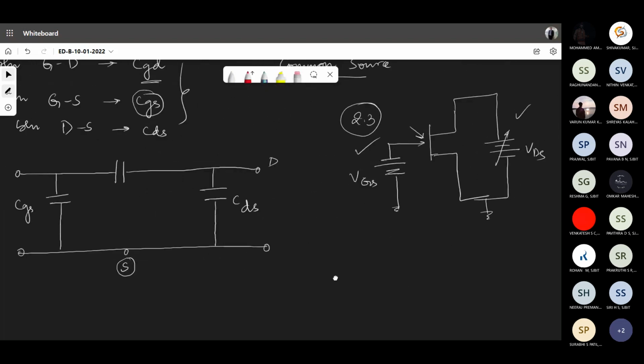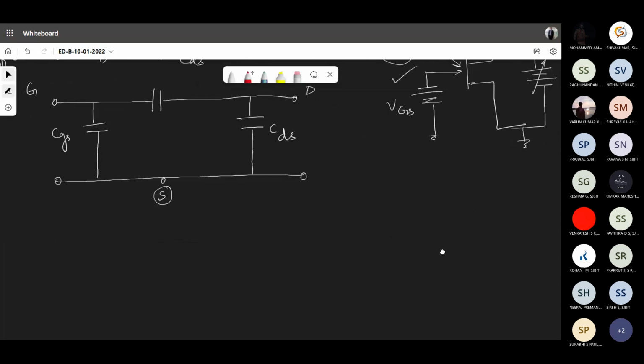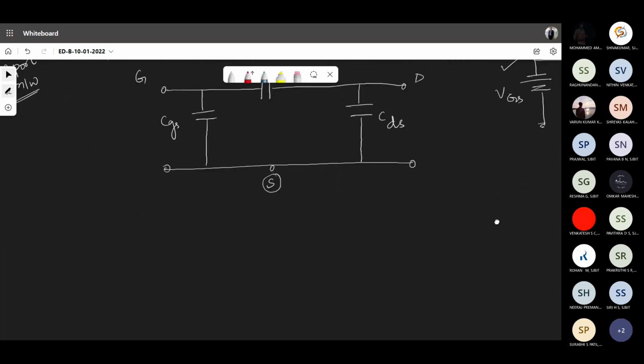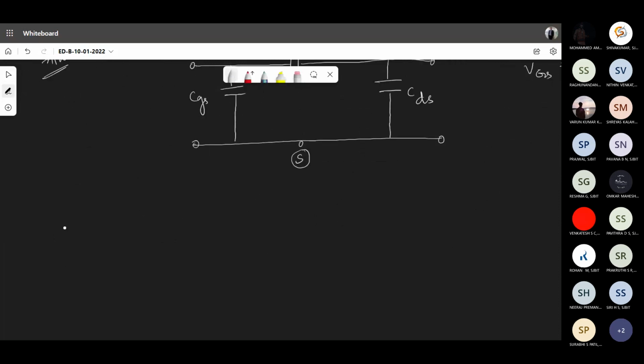So there is a resistance. Let me write that now. So we are done with the capacitance effect. We should now worry about the resistances. So there is a resistance effect between gate as well as drain, which I can call as RGD.